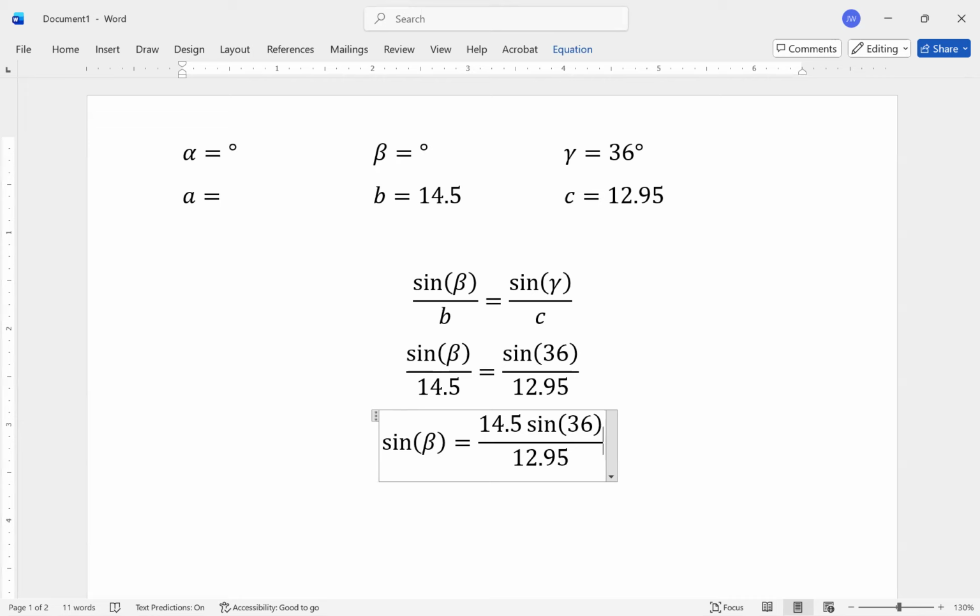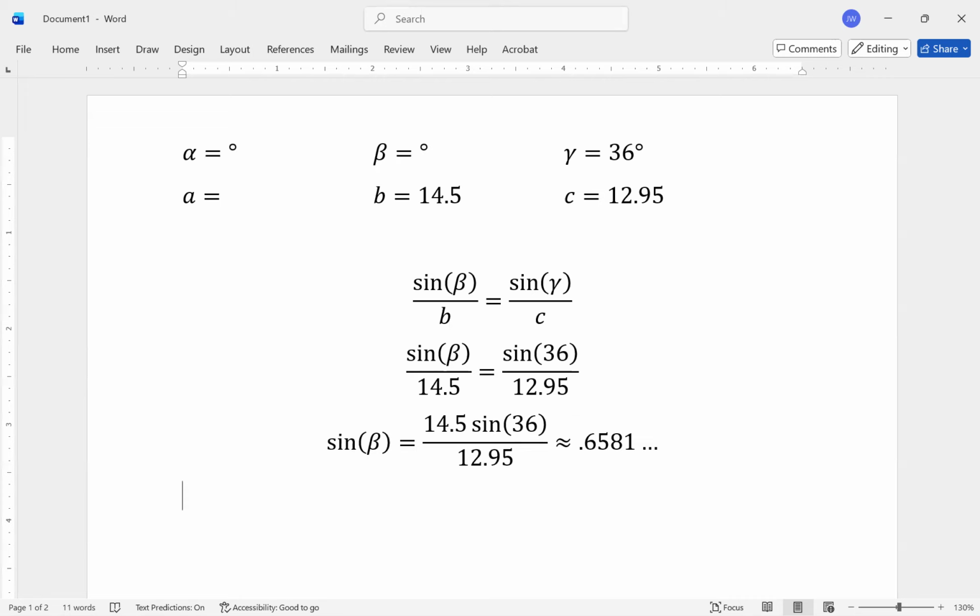But that's what it is. Okay, let's actually write down that approximate value. The approximate value is equal to 0.6581-ish. It goes on beyond there, but just so we have a reference.